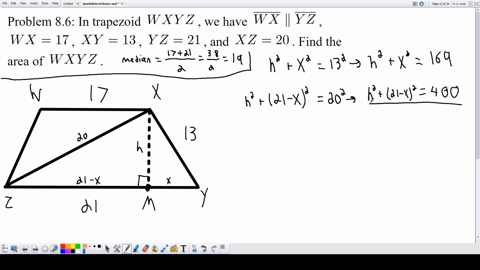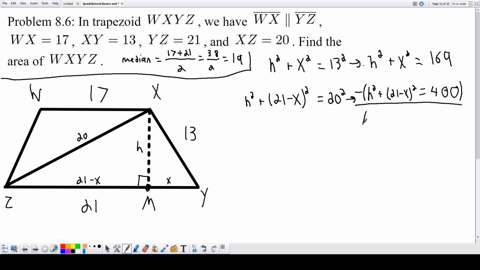Now I have two formulas with the same variable, which means that I can cancel one of these out by subtracting one equation from the other. So let's subtract the equation on top from this one. So h squared minus h squared cancels out.